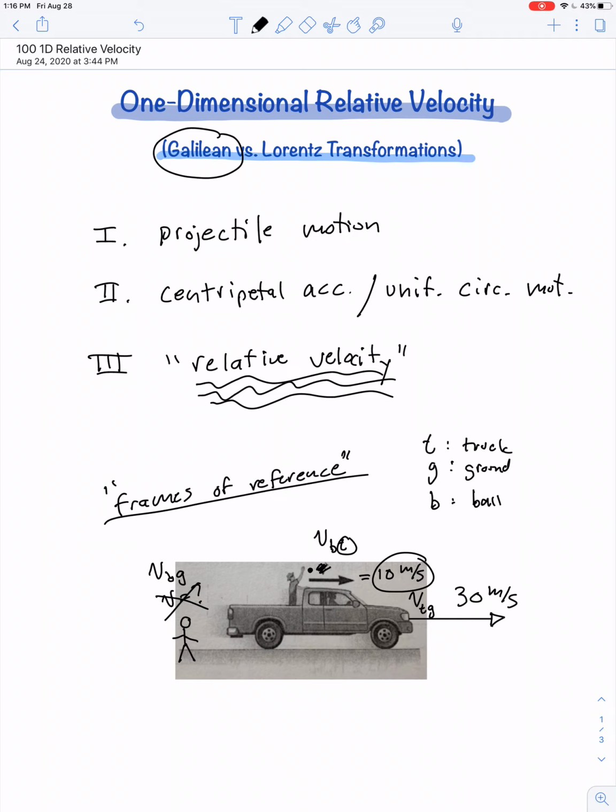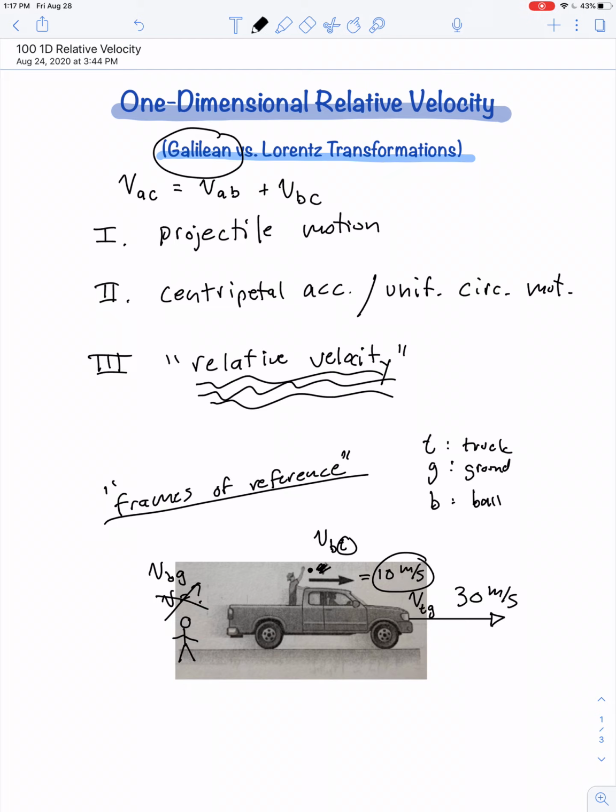I'm going to state an equation in general. The Galilean Transformation tells us the velocity of object A with respect to reference frame C is equal to the velocity of that object A with respect to reference frame B plus the velocity of reference frame B with respect to reference frame C. That's sort of a lot to take in, right?